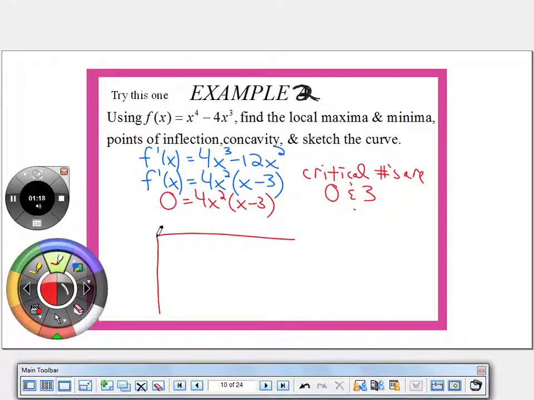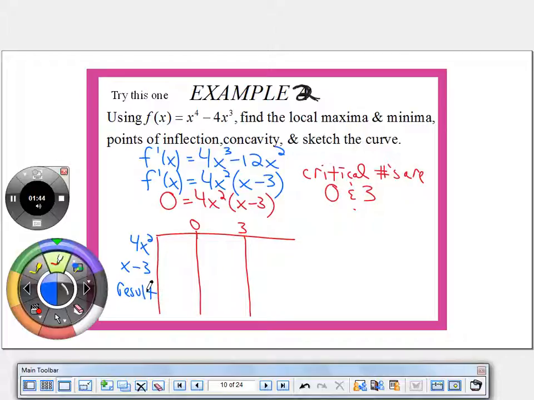With those, that kind of sets up the intervals. So we have 0 here, and we have 3 here. And then we'll put our factors off to the left. So let's go ahead and put those factors there. So we got 4x squared and x minus 3, and then the result to determine when is the first derivative positive, when is the first derivative negative, etc.